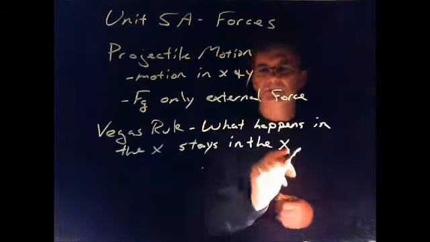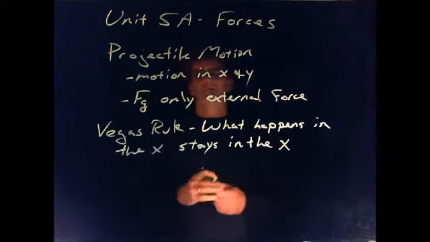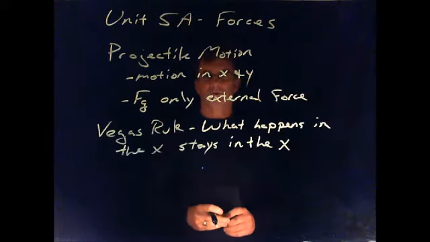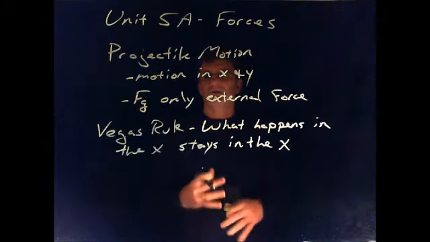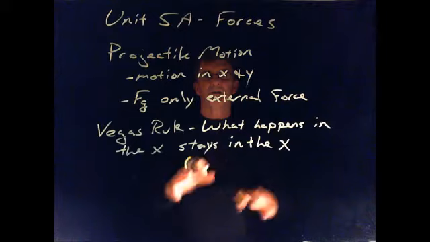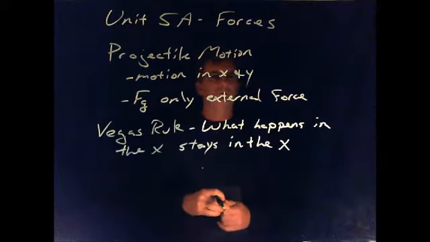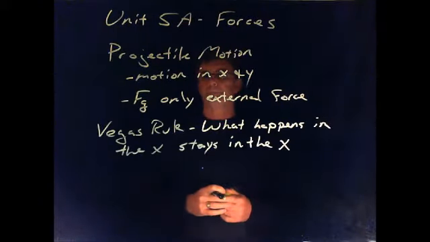What this means is the vectors in the x and the vectors in the y are independent of each other. And this is critical to understand. The x component of the motion has nothing to do with the y component of the motion. They're independent of each other.